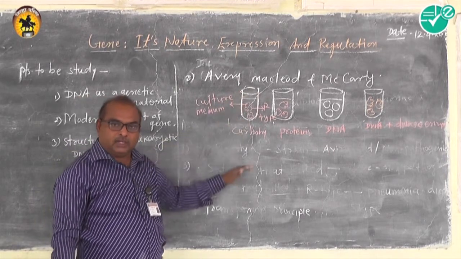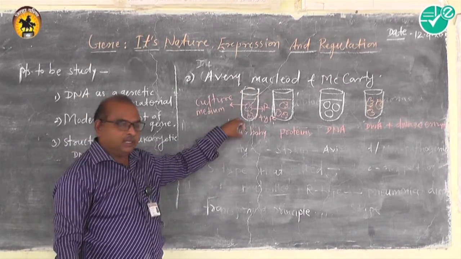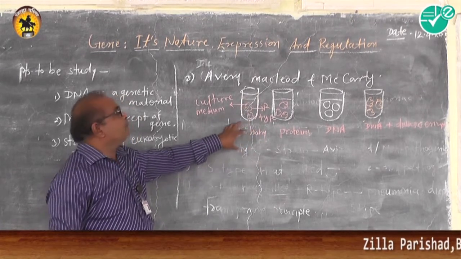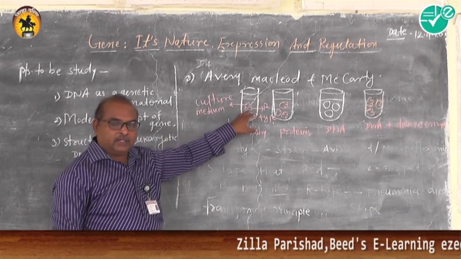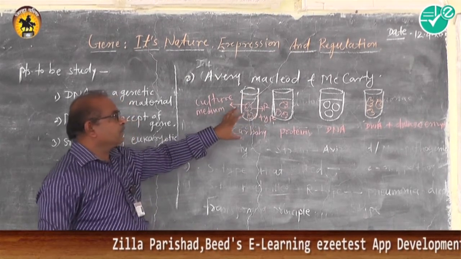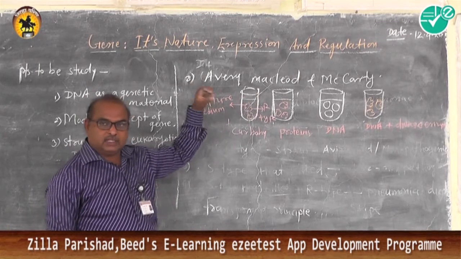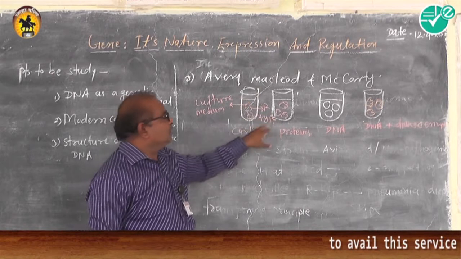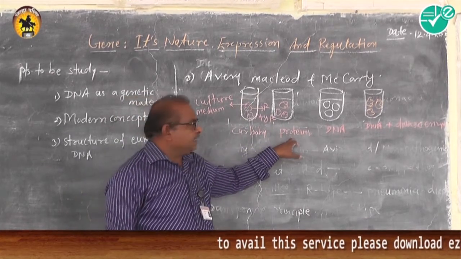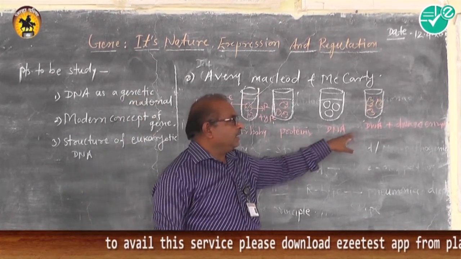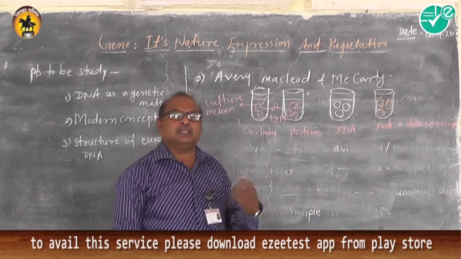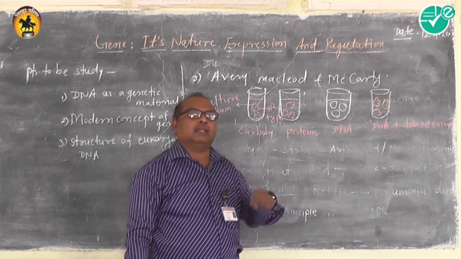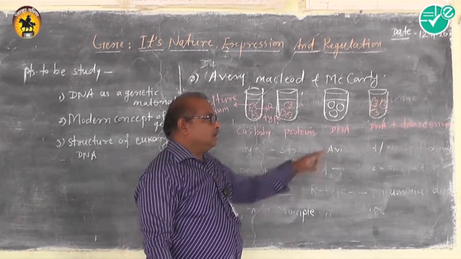Each component of the S-type is separated and taken into a separate test tube first of all. Then they added the R-type strain with the culture medium consisting of the heat killed S-type: carbohydrate separated, proteins separated, DNA separated, and DNA plus DNase enzyme, where the DNA is digested by the DNase enzyme in the last step.